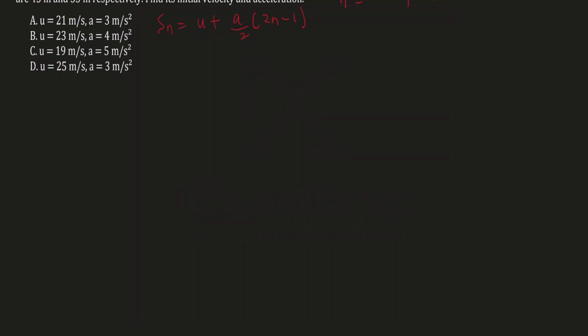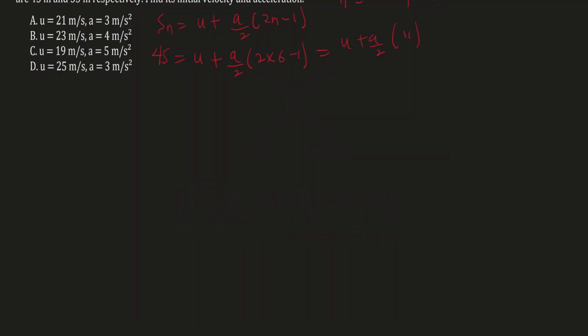So if we have the distance in the 6th second to be 45, we say 45 equal to u plus a over 2 multiplied by 2 times the number of seconds, 6, minus 1, which is the same as u plus a over 2 into 2 times 6, which is 12, 12 minus 1 is 11.